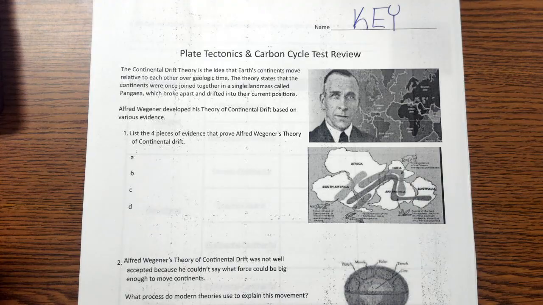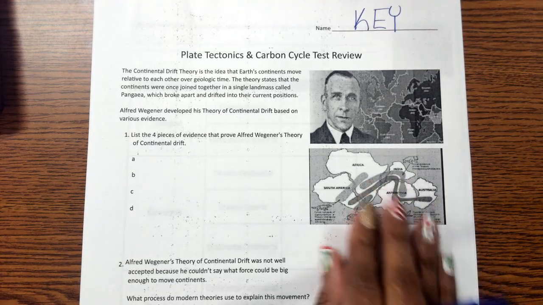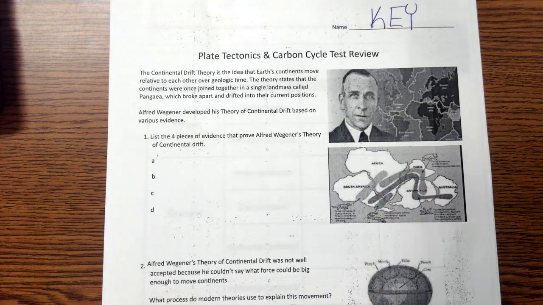And there were 4 pieces of evidence that he cited to prove his theory that the continents were one big giant landmass on Earth called Pangaea, which is pictured right here. So he had 4 pieces of evidence to prove that this existed millions and millions of years ago. Okay, so we're going to go through those.